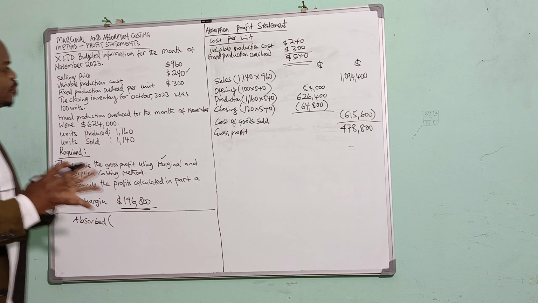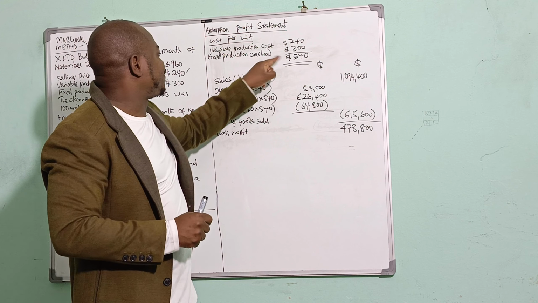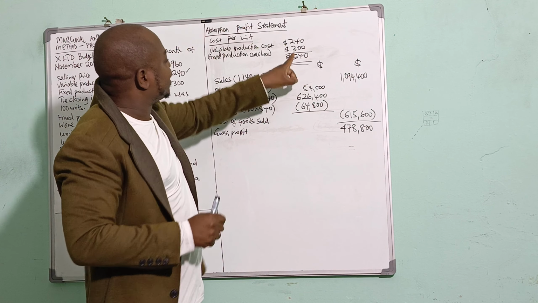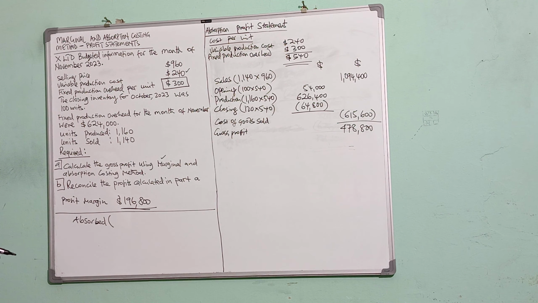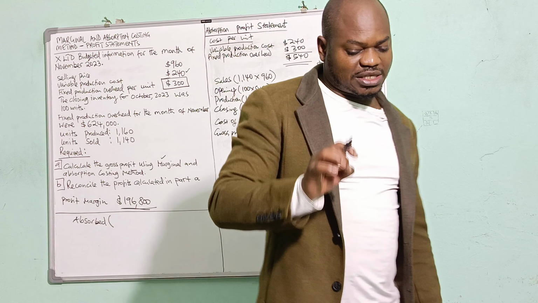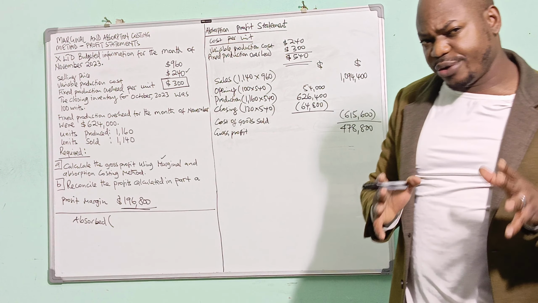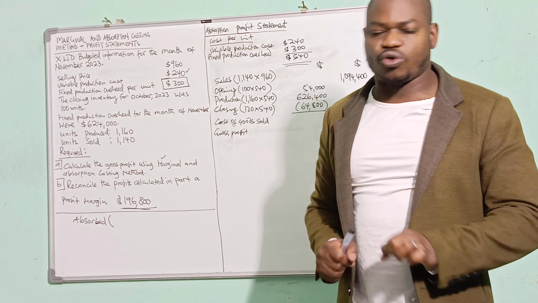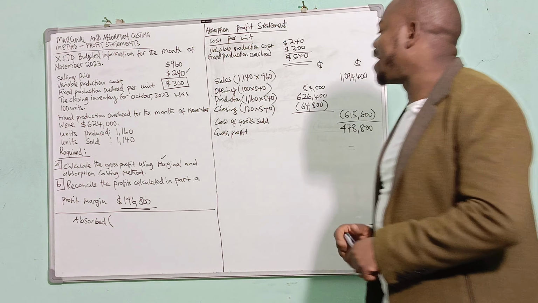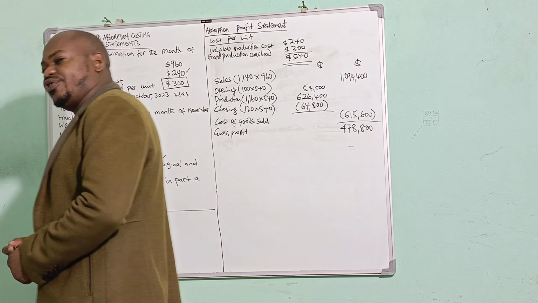Now, the aspect of absorption comes in because the fixed production overheads have been absorbed into a unit cost. So it's this guy, which is the fixed production overheads, that we check for absorption, whether it was under absorbed or over absorbed. So the key guy here, like I mentioned, which makes the profit statement differ between marginal and absorption, is because of the fixed production cost that was absorbed as we were doing the absorption profit statement.